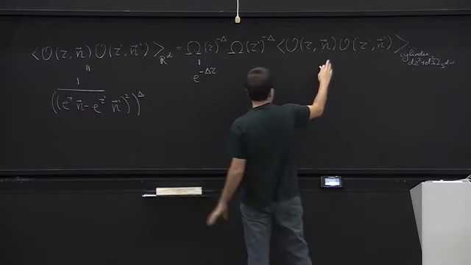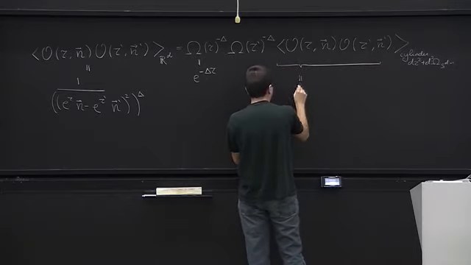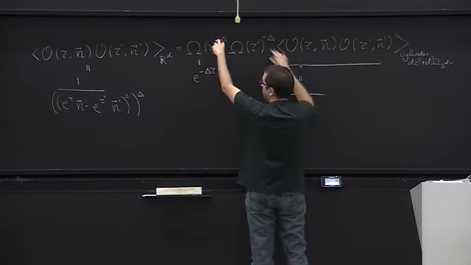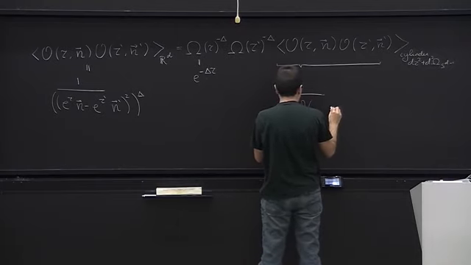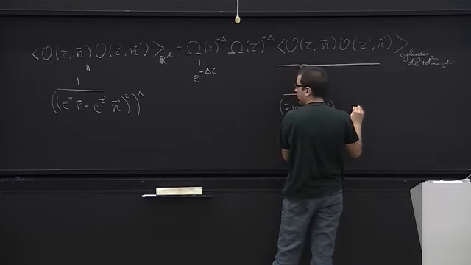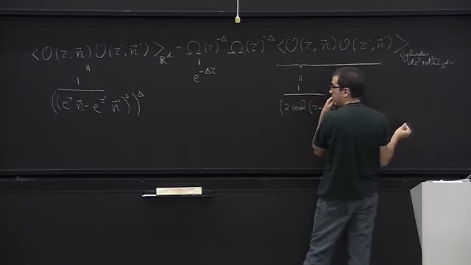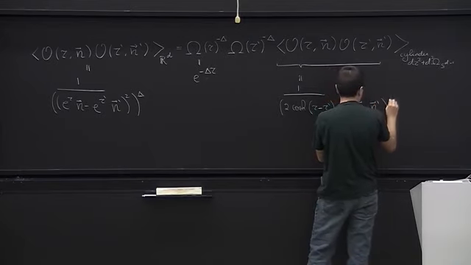There's almost nothing to do to see that this quantity here is therefore equal to 1 over, after I divided and put these factors inside the delta and computed this square, the result you get is 2 cosh of tau minus tau prime minus 2 n dot n prime, to the power delta.